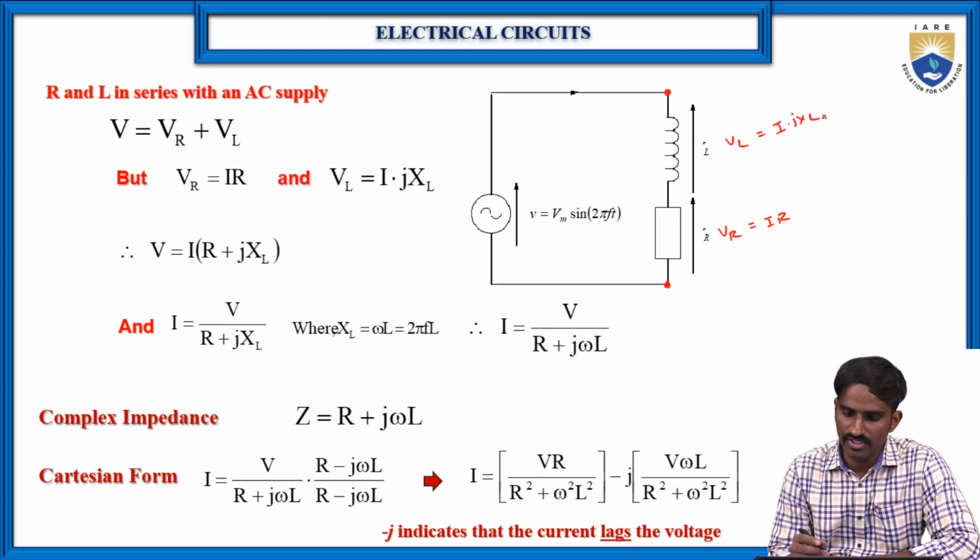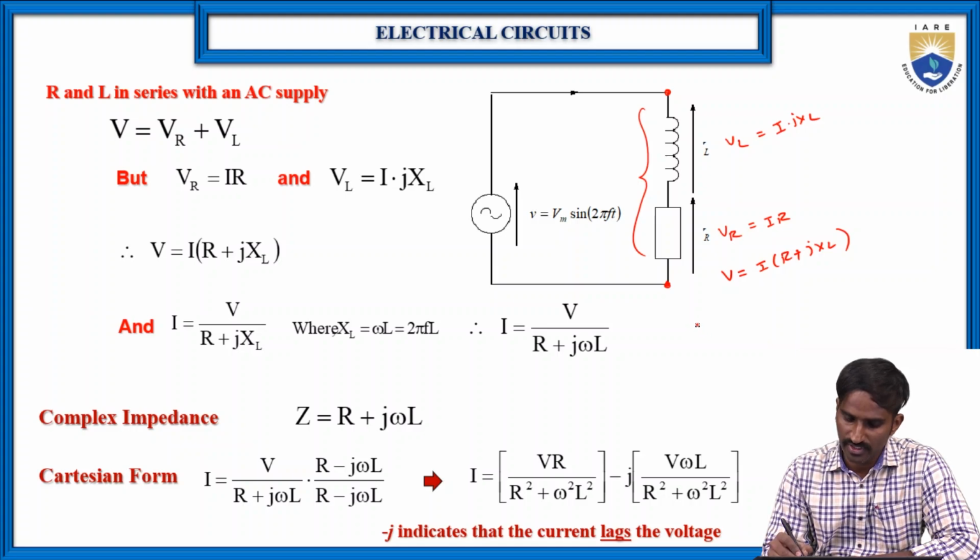Now we need to find the R value and XL value. Because this is AC, we should not add by simple arithmetic. We have to perform vector addition. So the total voltage V across the load terminals is equal to I into R plus J into XL.